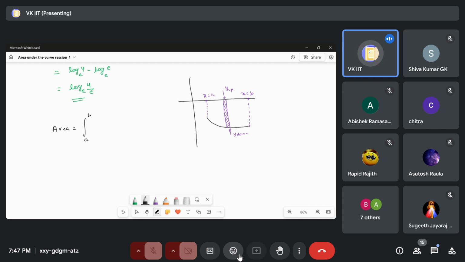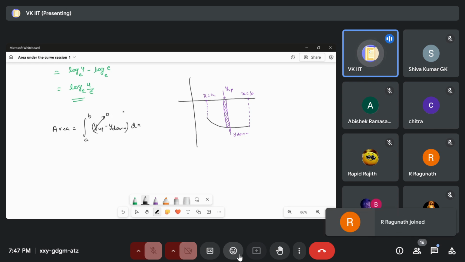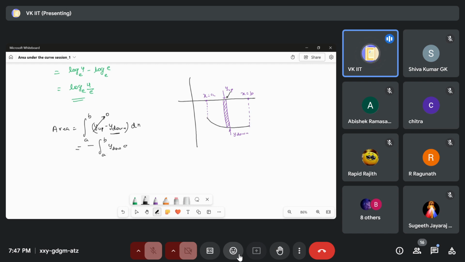Again, from a to b, y up minus y down into dx. Y up is already 0 because it is lying on the x-axis. So y coordinate is 0. Y down will be negative. So this time we'll be getting integral a to b, y down into dx.